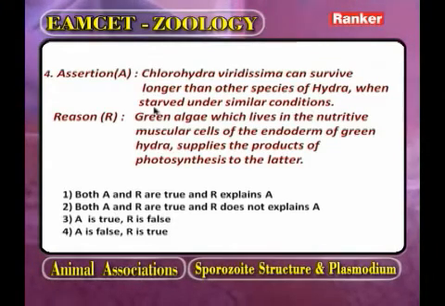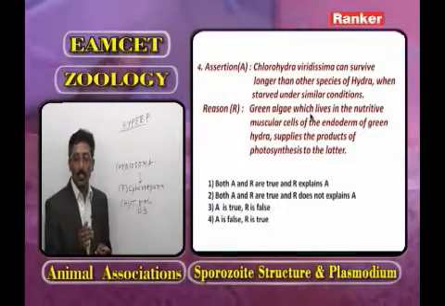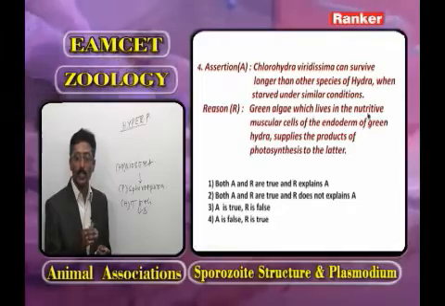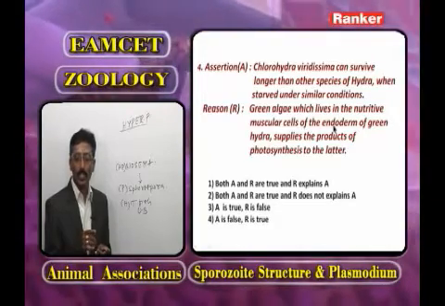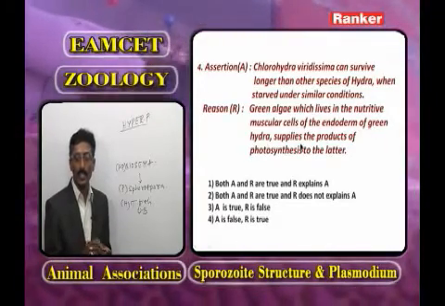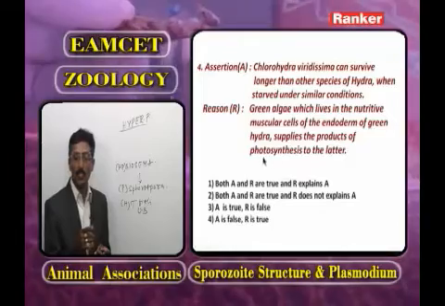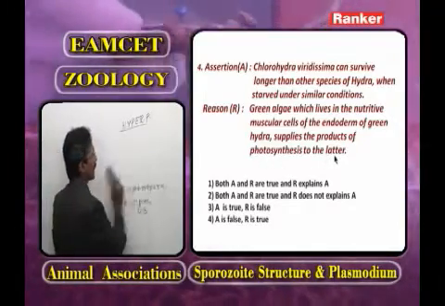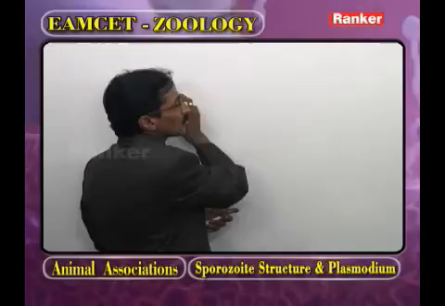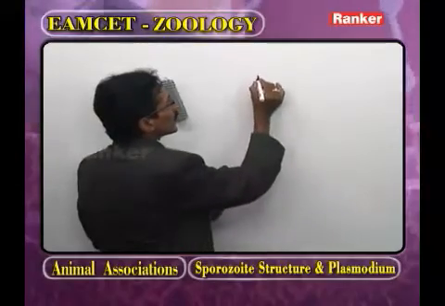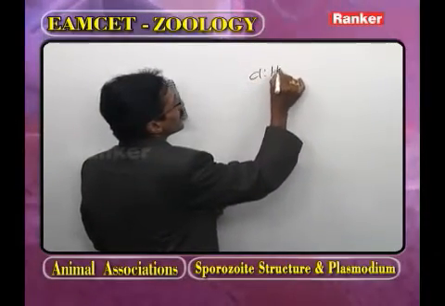What about the reason? Green algae which live in the nutritive muscular cells of the endoderm of green hydra supply the products of photosynthesis to the latter. Now, as we observe, Chlorohydra comes under the class Hydrozoa.